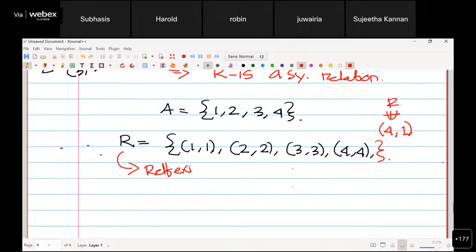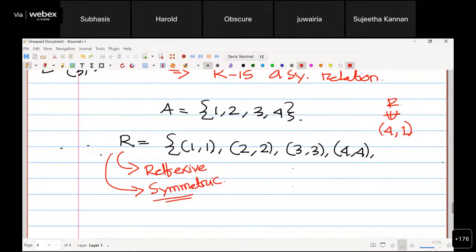It is not mandatory for a symmetric relation to have diagonal elements, right? It's certainly not mandatory. But if I remove these two elements, then R will become a symmetric relation.